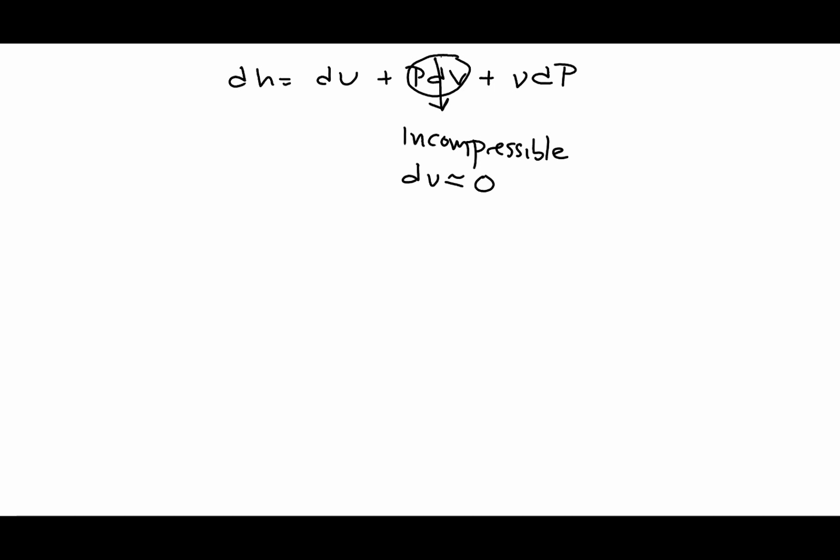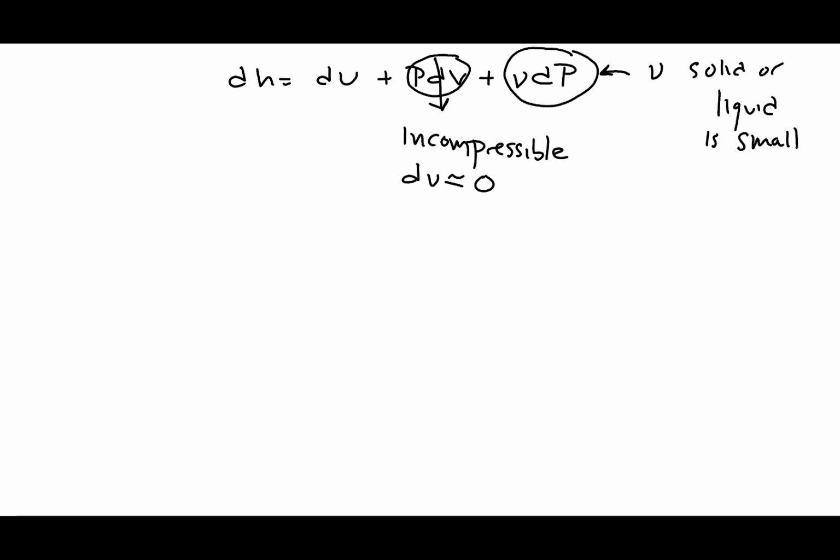And then the other thing that we can assume is, looking at this term, and we're going to come back to this in a minute, we're going to assume that the specific volume, so V, for a solid or a liquid is small.